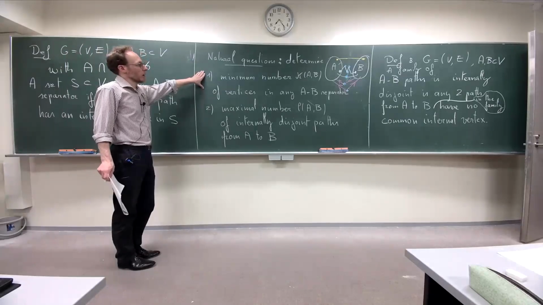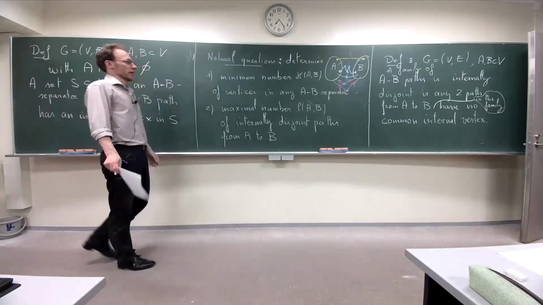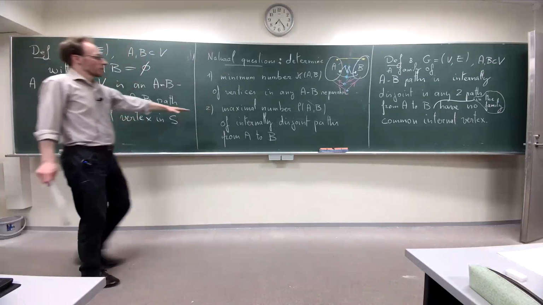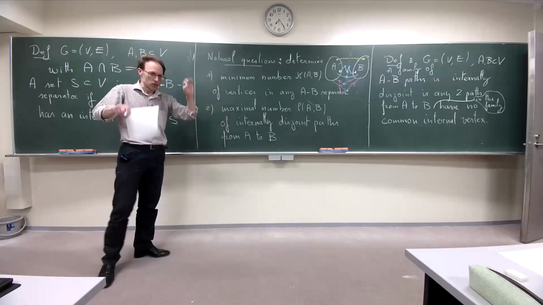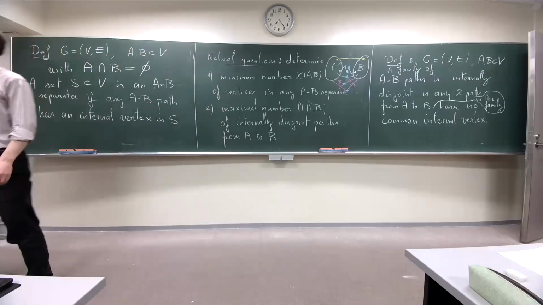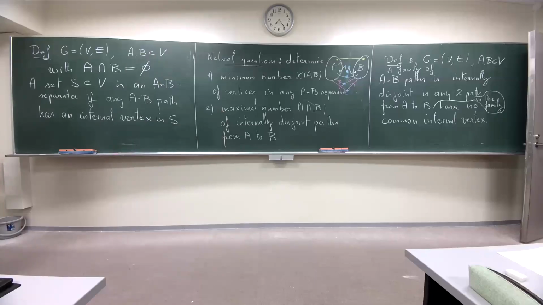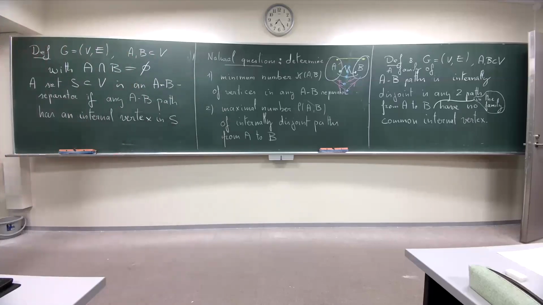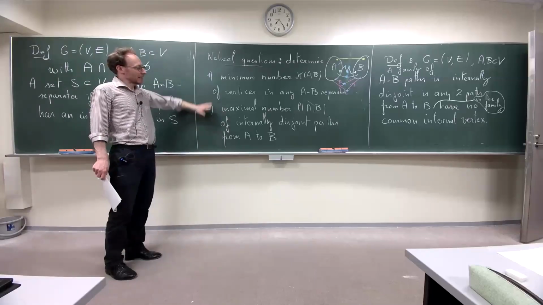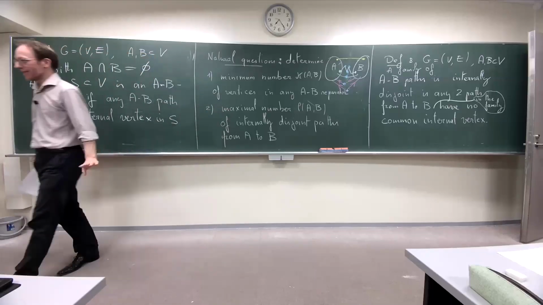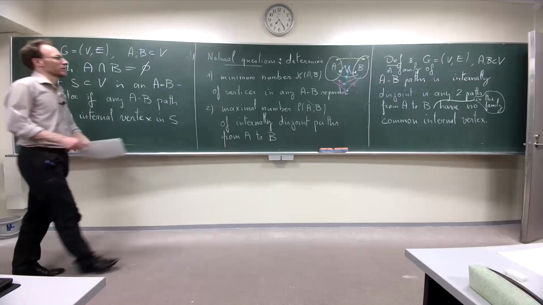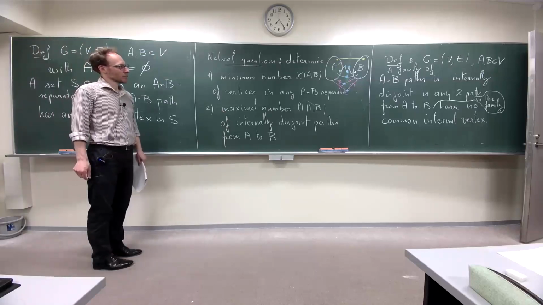The minimal number of elements in any separator, and the maximal number of paths which do not have a common internal vertex. And now you can see with these two definitions, the yellow guy is annoying again, because it doesn't really fit well with these two definitions. It's still okay, but later I have to be a little bit careful. Do we ignore it? We will see.